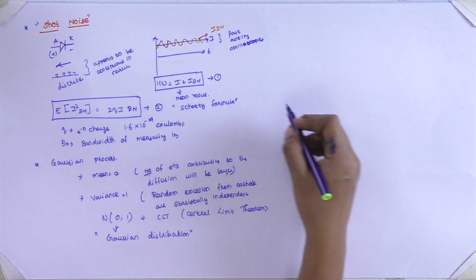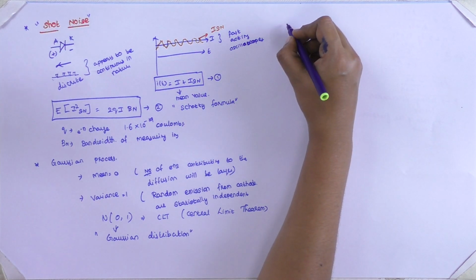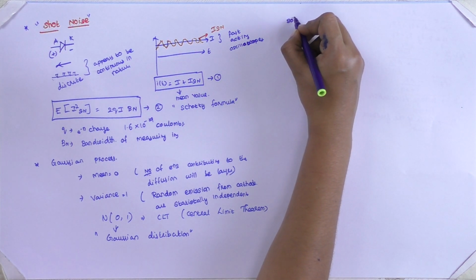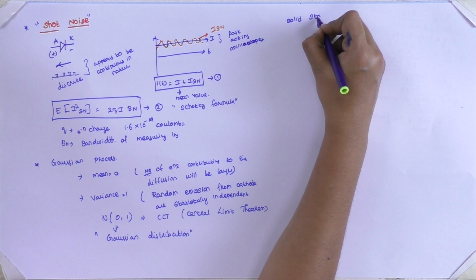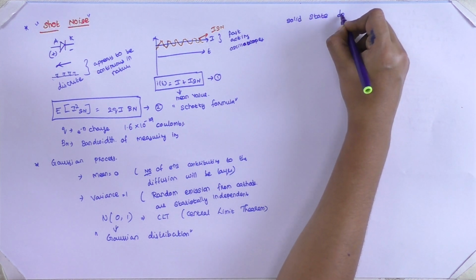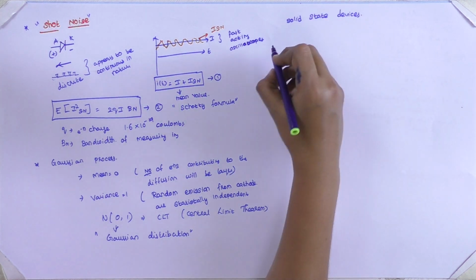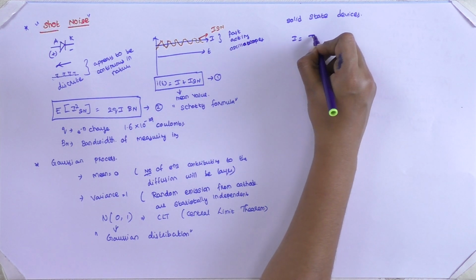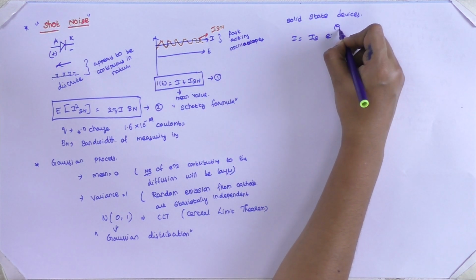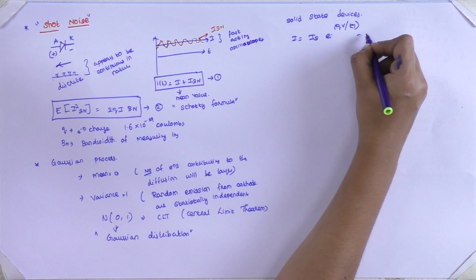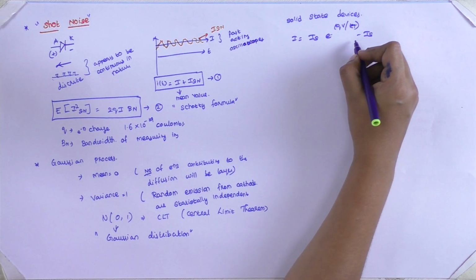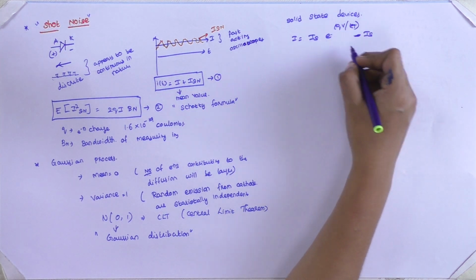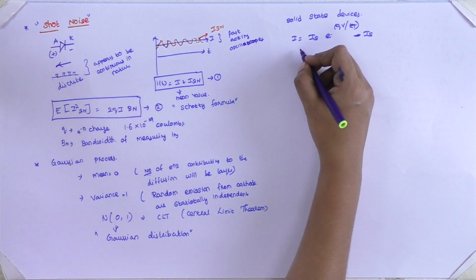Equations 1 and 2 stand for the vacuum tubes. If our instrument is a solid state device, our mean current value will be I is equal to I_s e to the power qV by KT minus I_s. So, everything is going to be some formula. This will be mainly useful for our problem calculations.